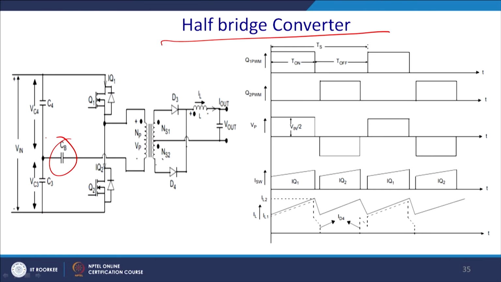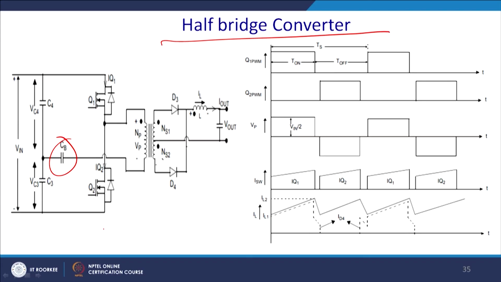Generally, Q1 and Q2 may have a small difference in the time period, as low as 1% or 2% deviation, but even 1% or 2% deviation in switching may lead to saturation of the transformer.